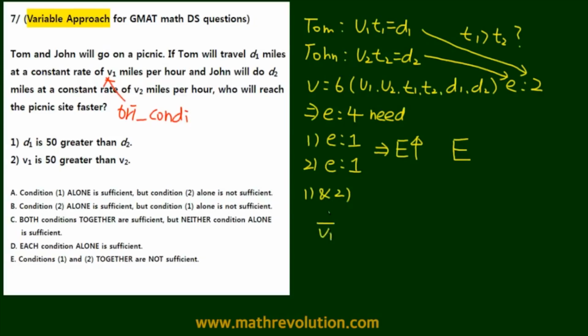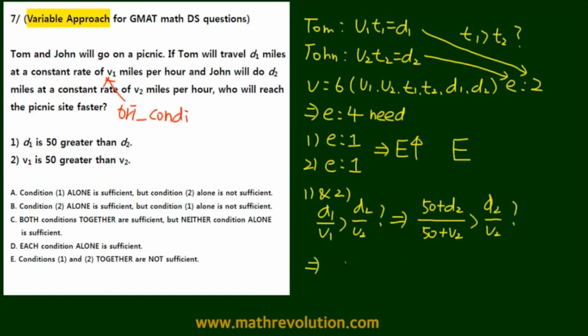T1 rewritten would be D1 over V1, and we want to know whether that's greater than D2 over V2. Well, D1 apparently is 50, so 50 plus D2 over 50 plus V2, and we want to know whether that's greater than D2 over V2. We'll cross multiply.